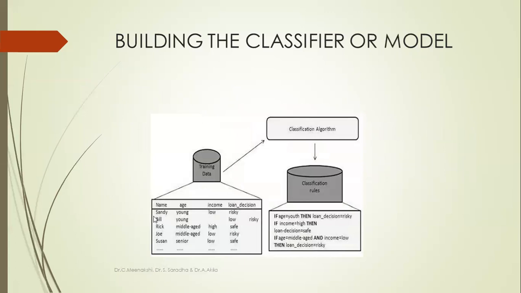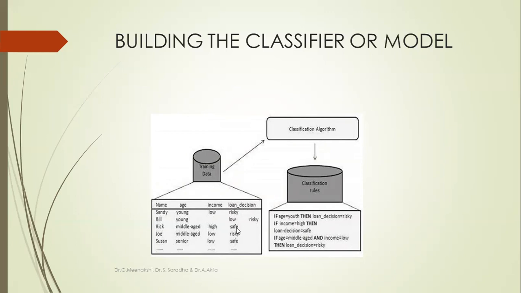As I told you, this is how it is done. For example, I'm having a set of data here for a bank. I'm having the name of the customer, then the age, his income, and the decision. If he is young and has a low income, it is risky. The decision can be either safe or risky. If he is middle-aged with a high income, it is safe.